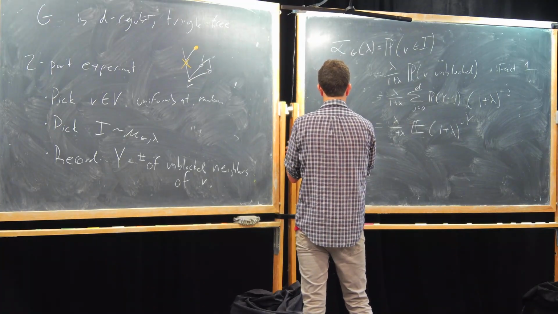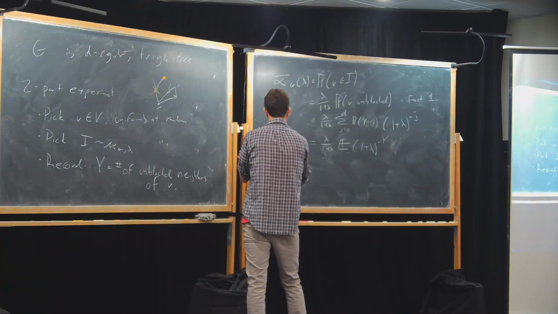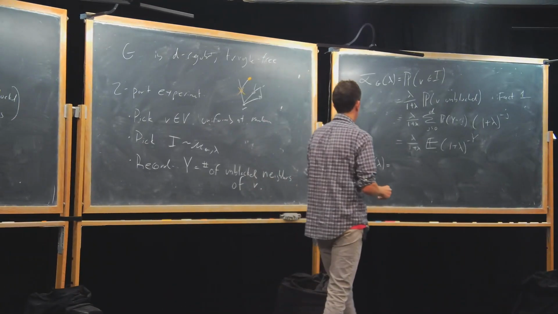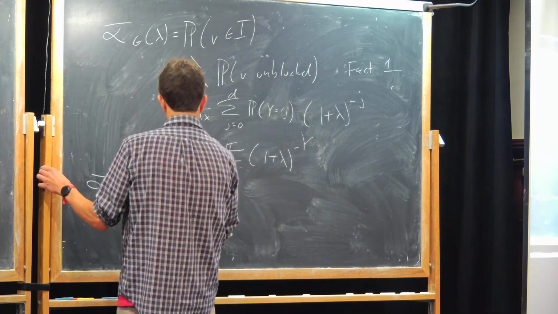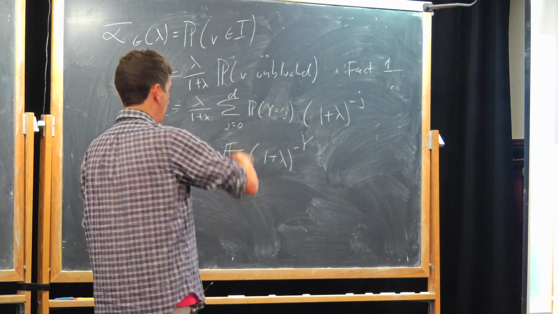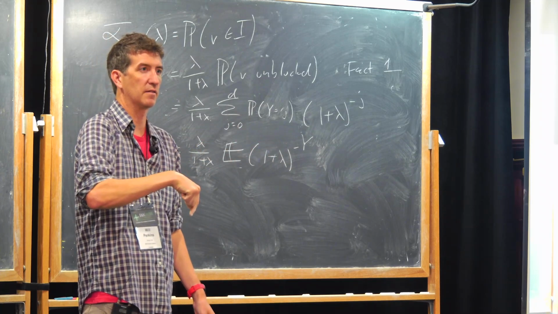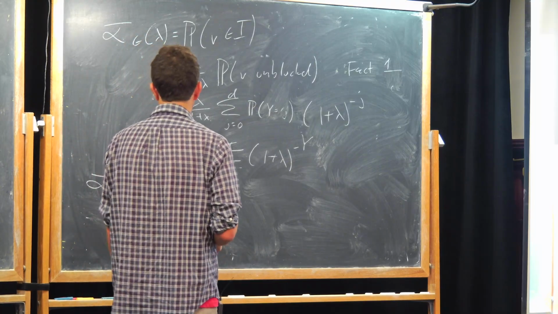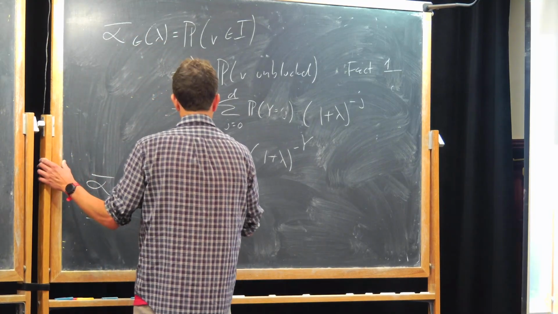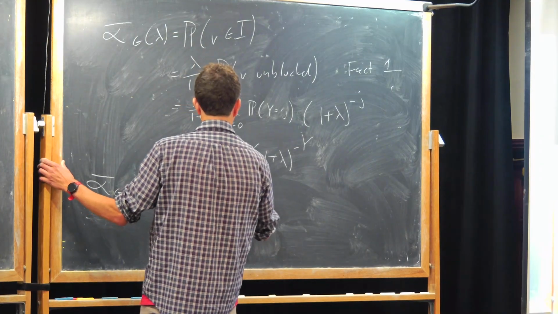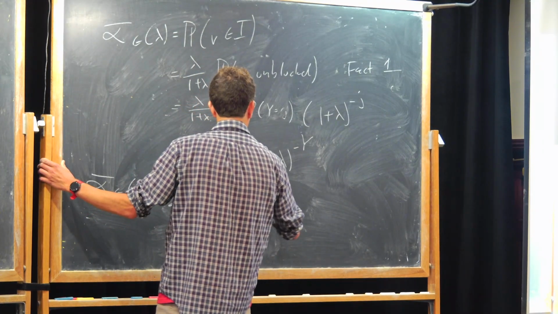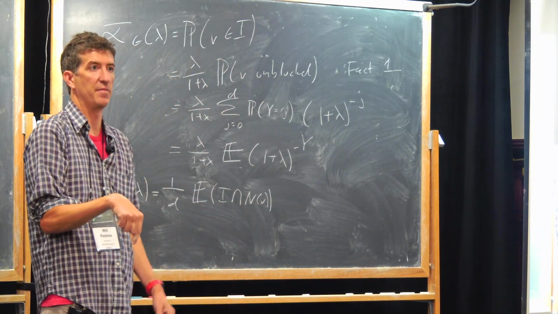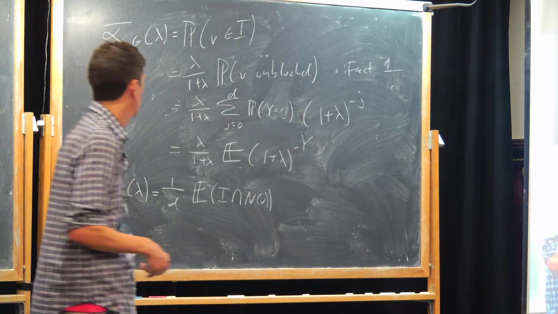Let's write another formula. The occupancy fraction: a random neighbor of a random vertex in a regular graph is a random vertex in that graph. So the occupancy fraction is also 1 over d times the expected size of the independent set intersect the neighborhood of V. So this is just the expected number of neighbors of V that are in the independent set, right?